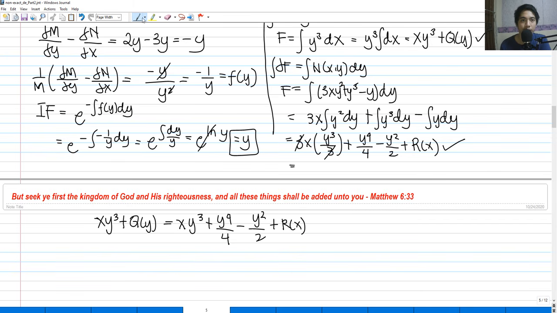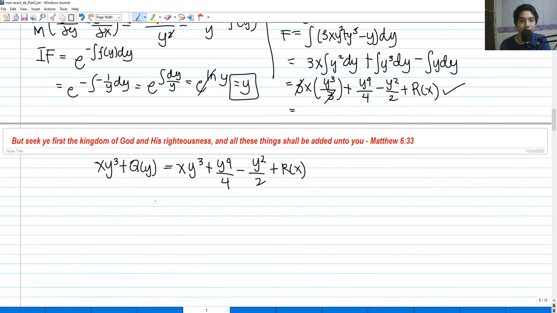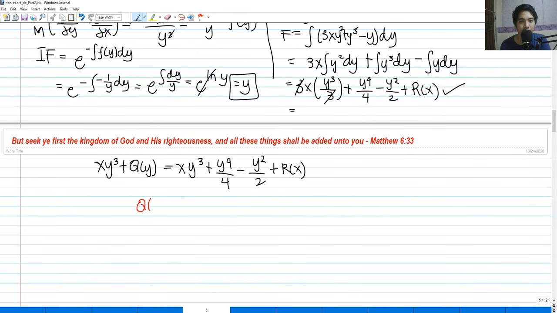So to determine the r of x or the q of y, the q of y is a function purely in terms of y on the other side of the equation, so we have y raised to 4 all over 4 minus y squared all over 2. But the r of x on the left side, are there any terms here that are purely in terms of x? No, so we have 0.